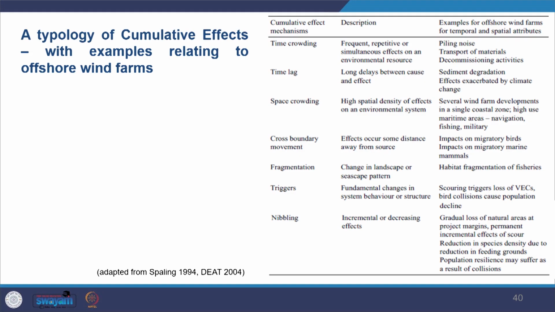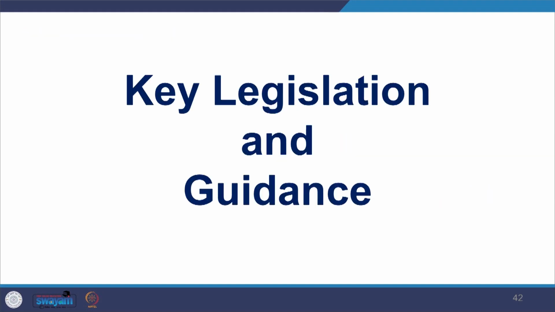It was very specific to the wind farm project. These examples were specific to that. Now, looking at the key legislation and guidance. So, in the Indian context, we do not find that being currently implemented through legislative tools, but there is a lot of debate and discourse going on.